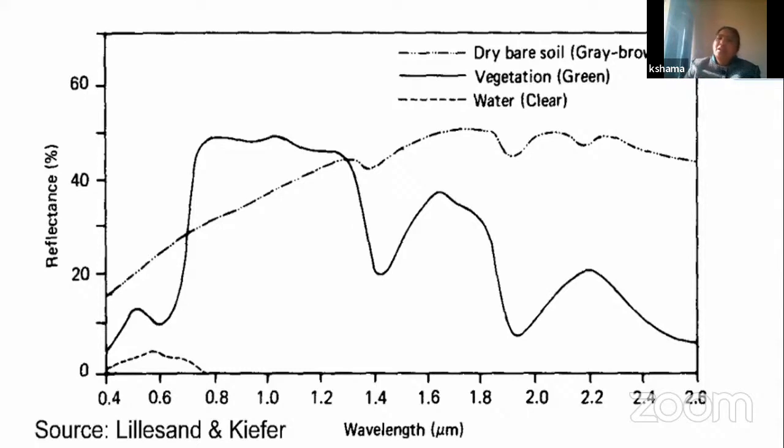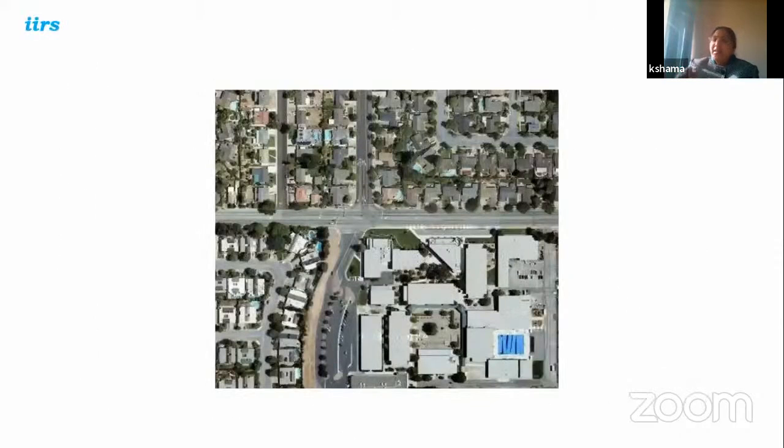Most of the time your building material is the same. So it is difficult to segregate them with automatic classification. So what we do, we go for visual interpretation. We identify features by digitizing or looking at the image.